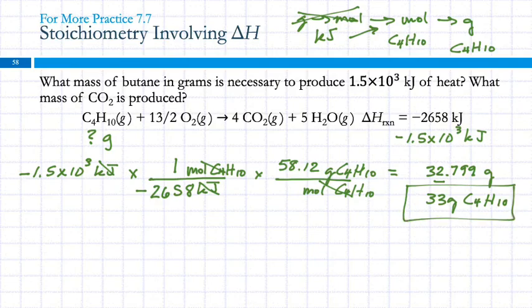If I remember correctly, this is the first time doing this problem in lecture that it occurred to me to write this as a negative number. And so the signs worked out. Usually I start with this 1.5 times 10 to the third, and we end up with a negative mass. And then it's like, wait, could we have a negative mass? Negative mass isn't possible.